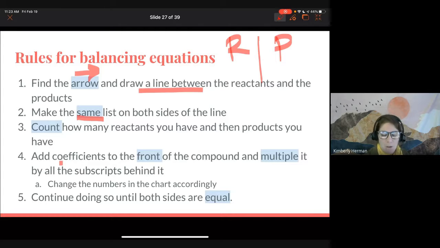Then you're going to add coefficients in the front that are a multiple of what you're trying to make it look like. Then change the numbers accordingly in the chart down below. Continue going back and forth until both sides of it are equal. Now, some of it's a little guess and check, or as you get more comfortable, you'll see common multipliers for our balancing equation.